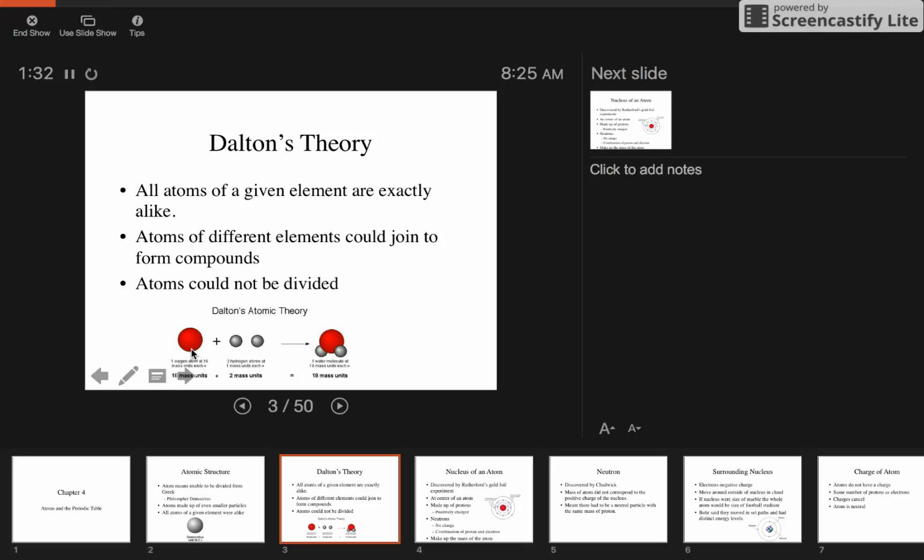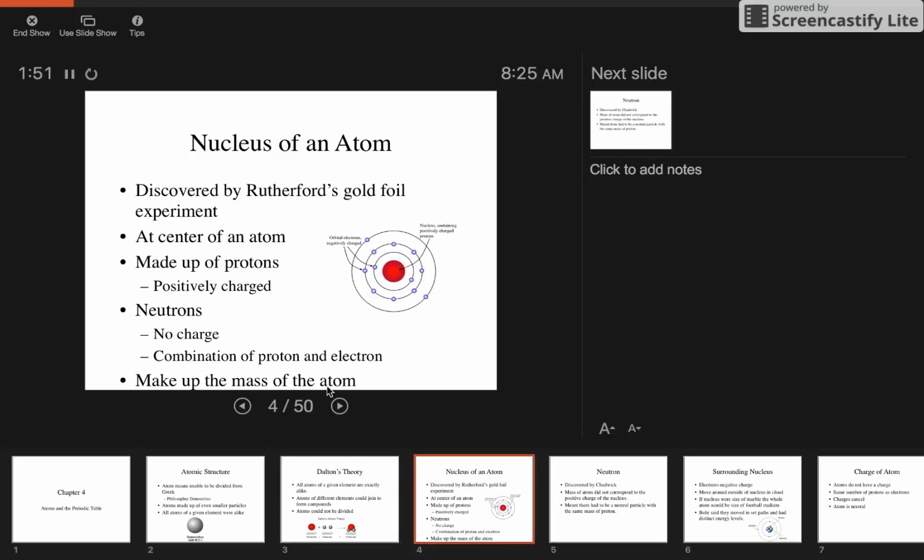He just believed that these atoms join together to form something bigger. And he was a chemist as well as a meteorologist, so he had a lot of scientific evidence to back his theory.